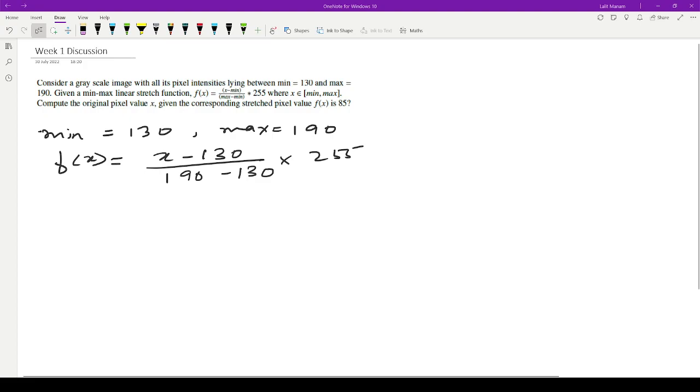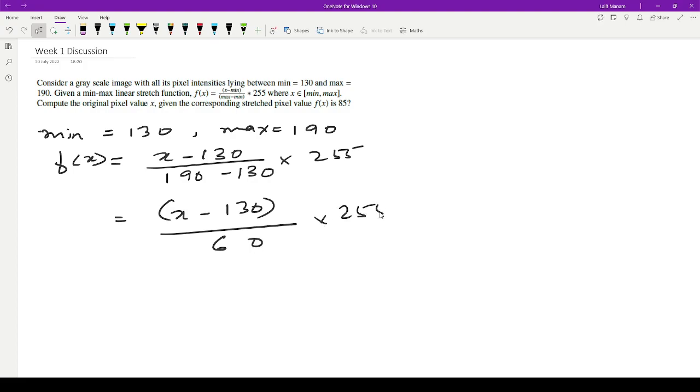For the people who joined just now, we are trying to enhance the contrast of the grayscale image by using a min-max linear stretch function, stretching from the current values 130 to 190 to the range 0 to 255. If we simplify it to some extent, it's (x minus 130) upon 60, times 255.